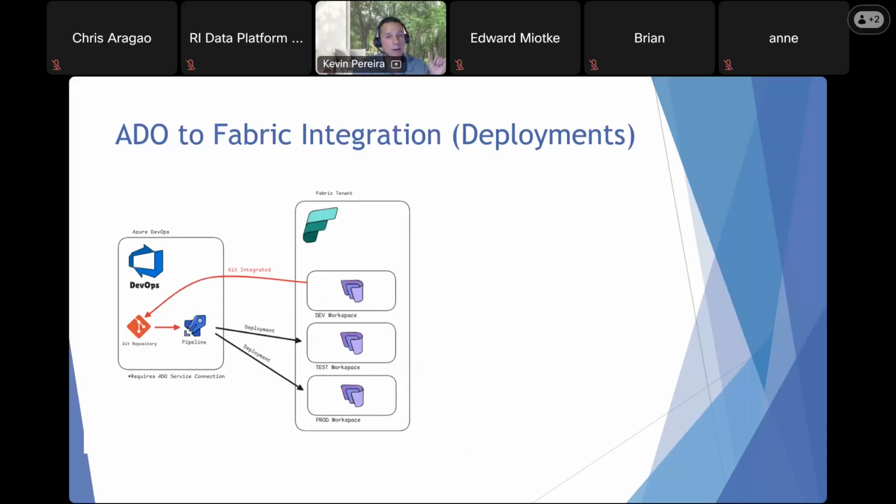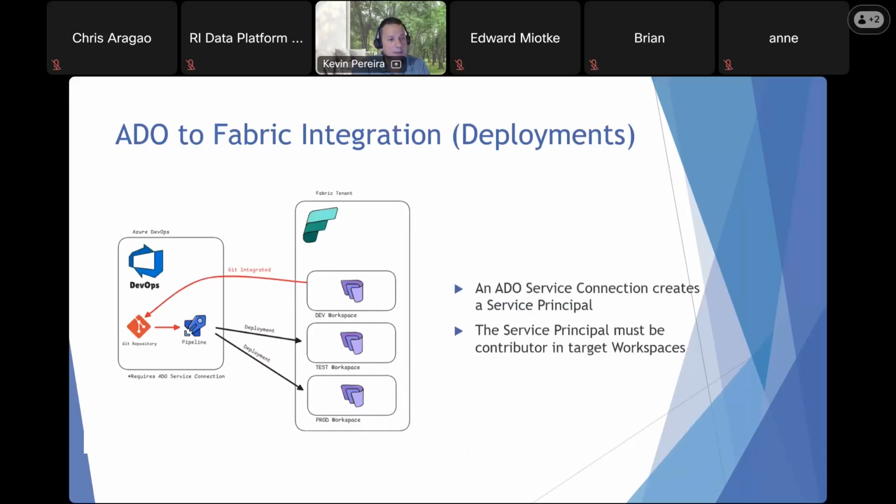But then whenever it comes to deployment time, you actually need to set up something. You need to plumb these two systems together. And so what that means is that you need to actually create a service connection in Azure DevOps. And all that is a service principal, right? That is then going to have permissions over on your Fabric environment and in your workspace, to be able to deploy things.